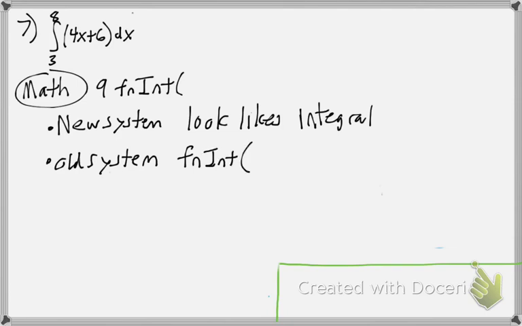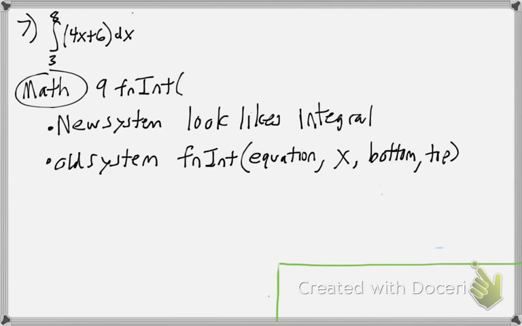And the syntax would be your equation, comma, x, because you have to tell it that that's the variable, comma, the bottom limit of integration, and then the top limit of integration.